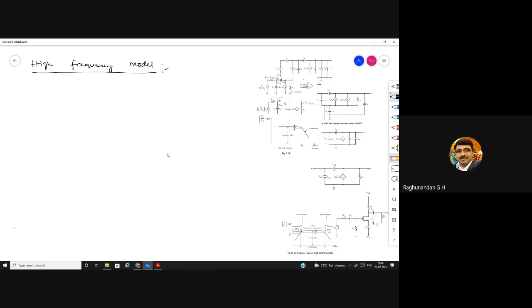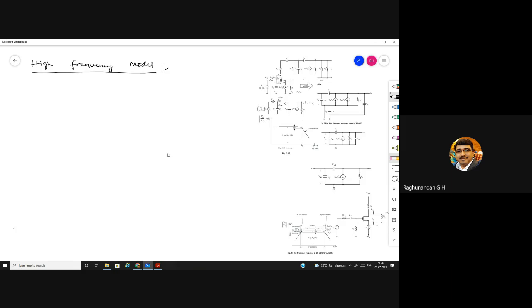For the high frequency model, we were telling that for the frequencies under DC, the capacitance was offering infinite resistance.